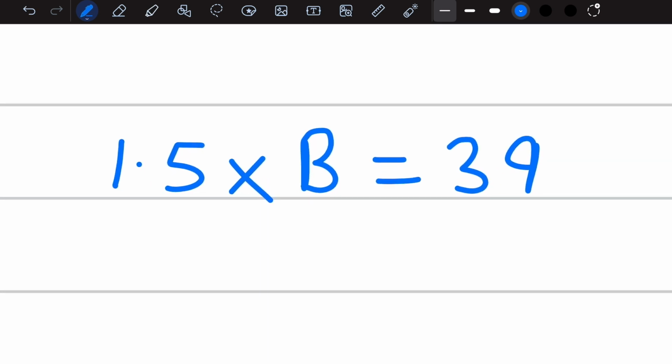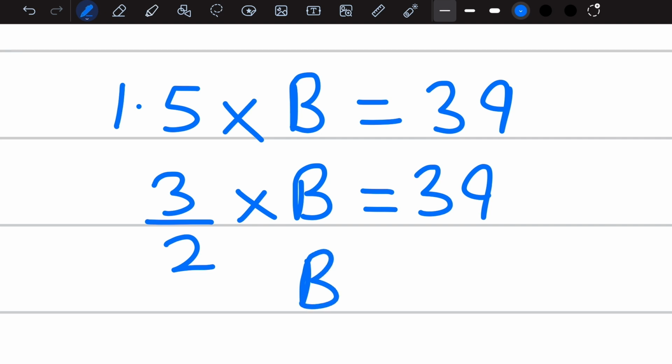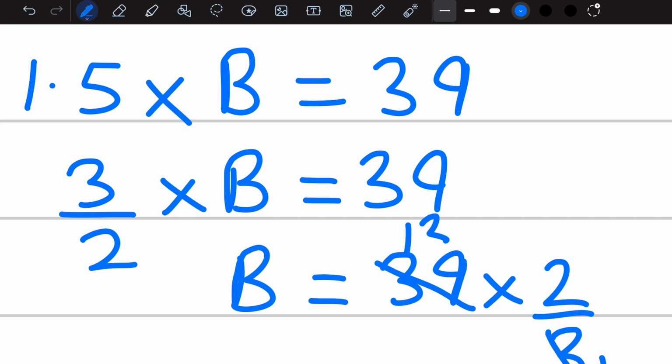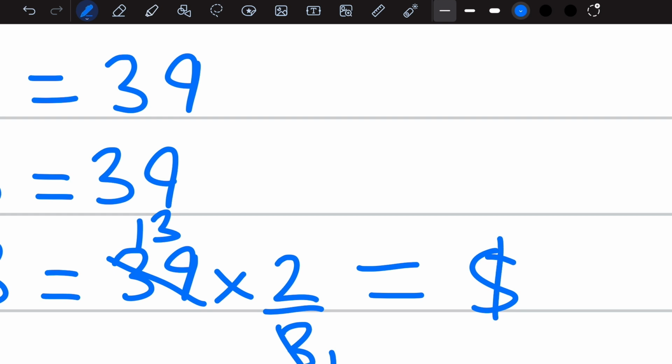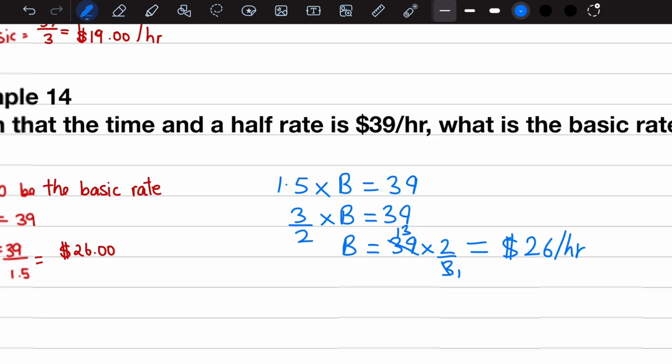We can write 1.5 as 3/2. Right, if we want to get the basic rate, we carry the 3/2 across, which means we flip the 3/2, and that will give us 2/3. 3 into 3 is 1, 3 into 39 is 13. 13 2s are 26. So that's $26 per hour will be your basic rate.